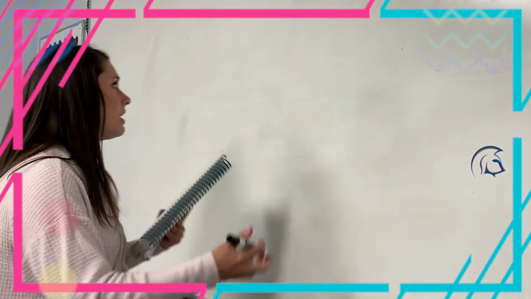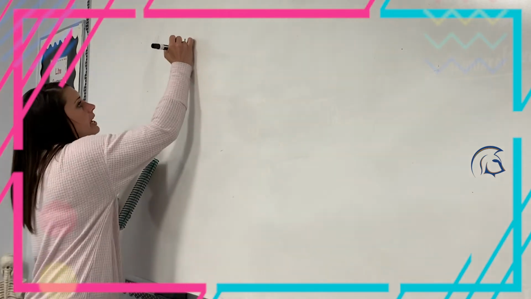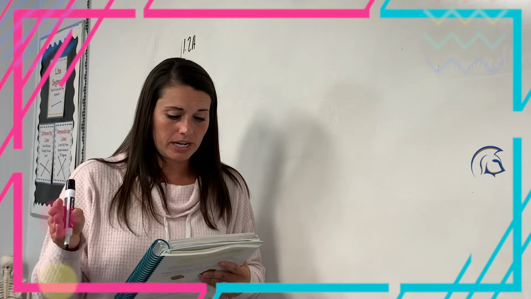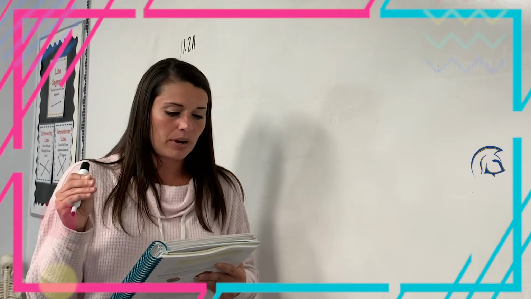So follow me to 11.2a, and we have our problem. It says, determine whether or not each pair of events is independent using the given information. Again, we know this by our wording. A drama club had the following props: 2 trees, 3 bushes, 2 chairs, and 5 clouds.